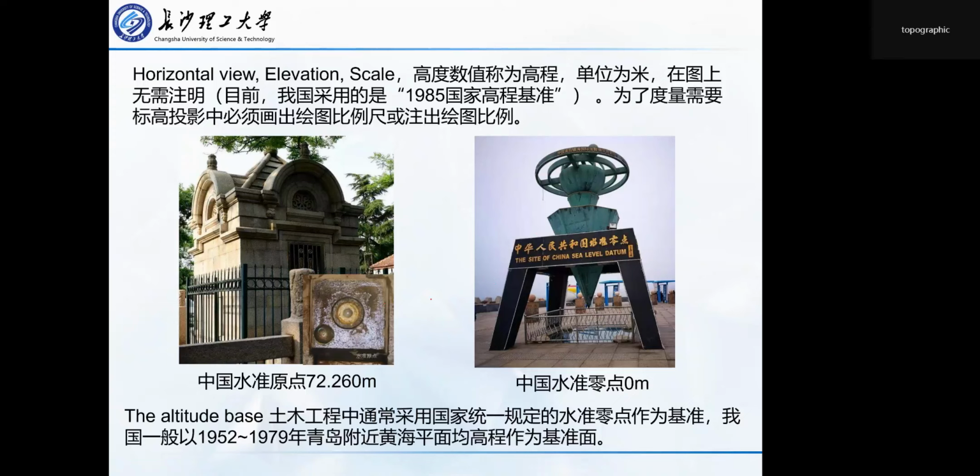So for every mountain, the geometric features of the geology are based on this level.